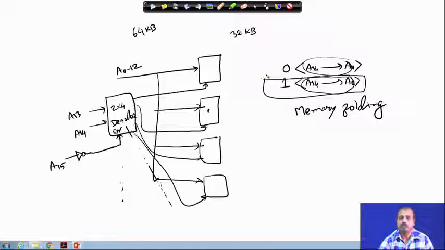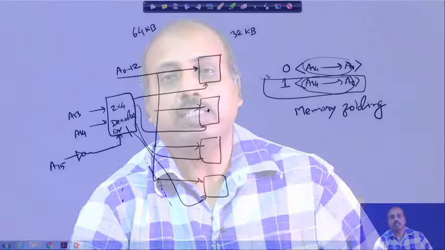That way memory folding can be resolved. But of course, if you are not bothered much, then you can definitely allow memory folding, because then this extra logic gate, this inverter and all, are not required. Similarly, it may so happen that you can work with a simpler decoder that does not have any enable line in it.